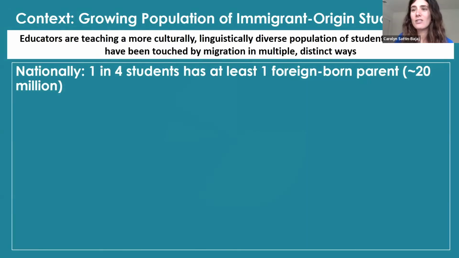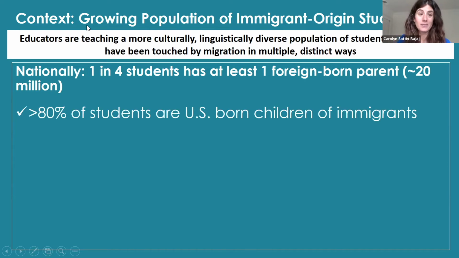And now let's think about the students. A quarter of students are immigrant origin, back to those definitions, meaning they have at least one foreign-born parent. So that's 20 million students in our schools. The large majority of them are second generation, so US born. So that's why this work is really about immigrant origin.